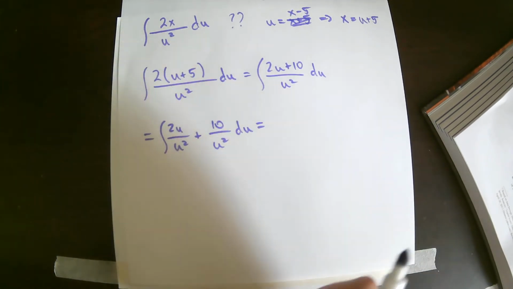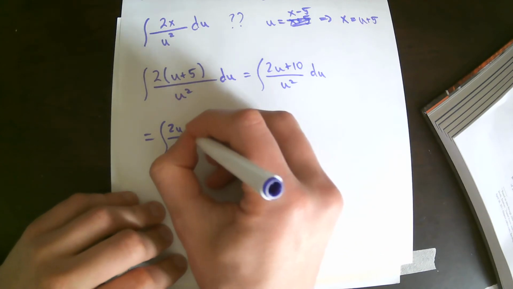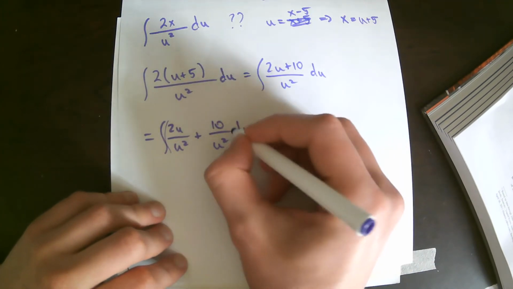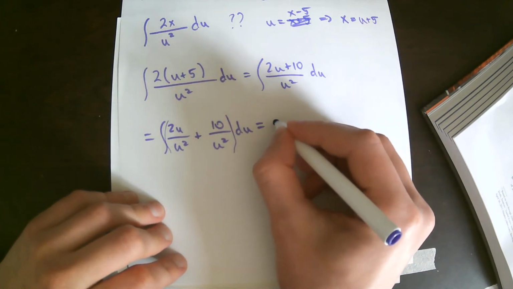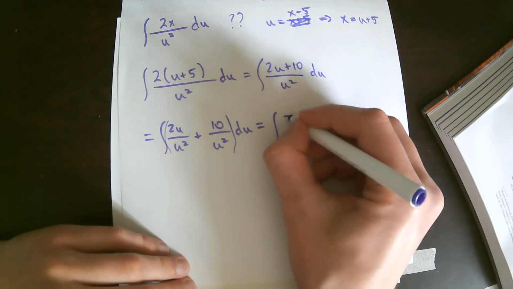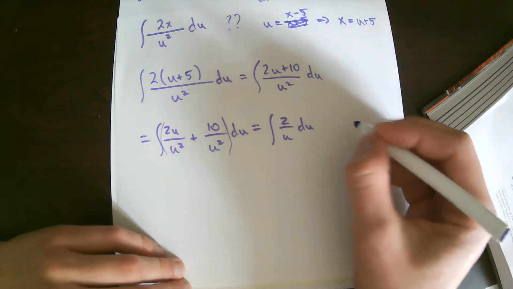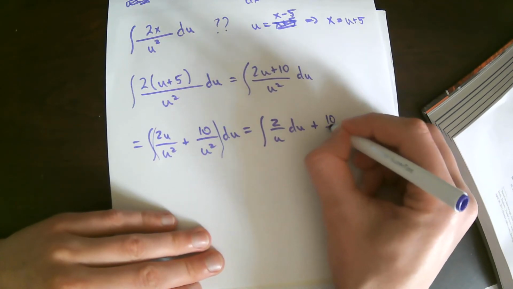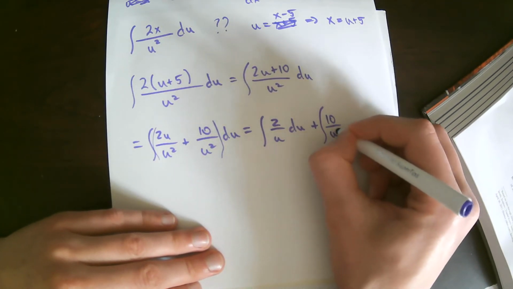Okay, just splitting the fraction, with parentheses around these. Now I can split the integral: these u's will cancel, so I'll just have the integral of 2 over u du plus the integral of 10 over u squared du.